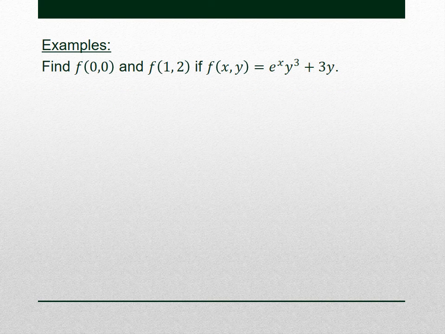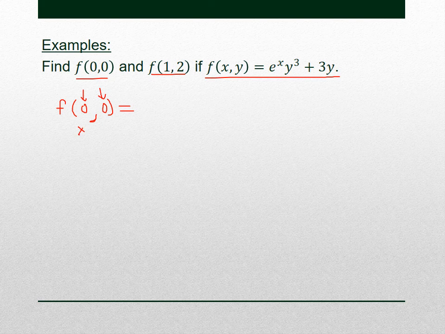Okay, so now let's just do some examples with these functions of 2 variables. So I'm going to give you a function of 2 variables and just say find a couple of output values. So what would f of 0, 0 be? Well, f of 0, 0 means you want to plug in x equals 0, that's this guy, and y equals 0, that was the other 0.